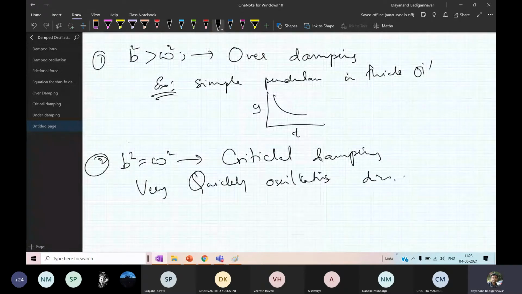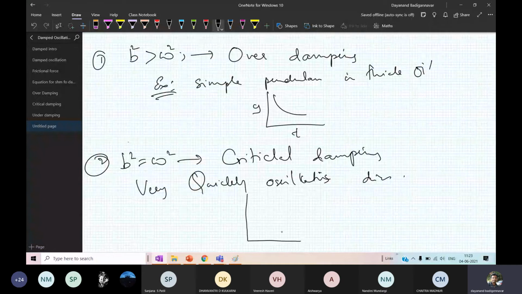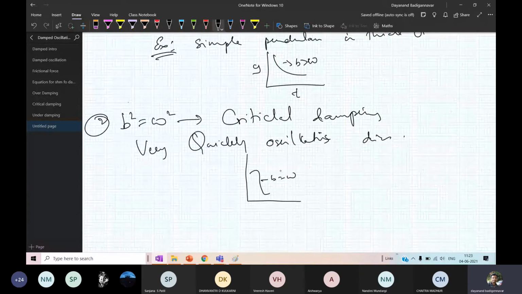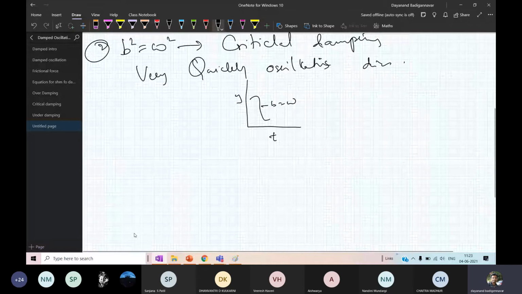If I plot a graph, this is the graph you get. This is b greater than omega, and this is b equal to omega. This is y versus t again. Got it? And what is the third one?